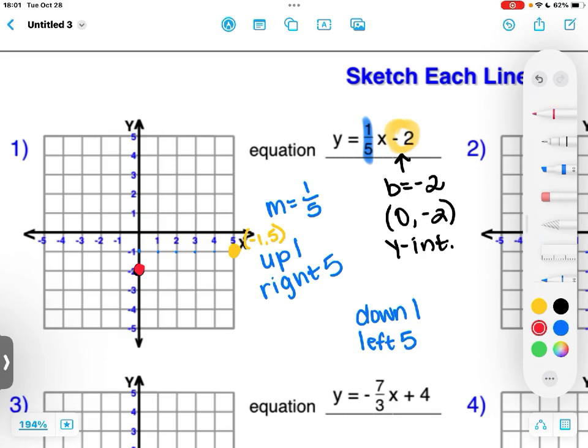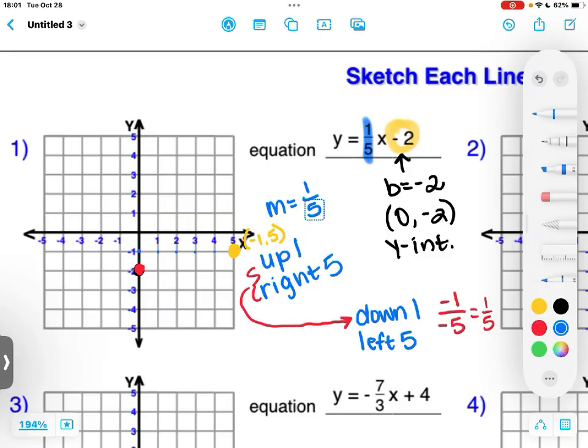So notice we're going in the opposite direction for the other point. Notice what this does to the slope. This would mean -1 would be down 1. To the left would be -5. This still comes out to be our slope as a +1 over +5 because a negative over a negative will still give us a positive value.